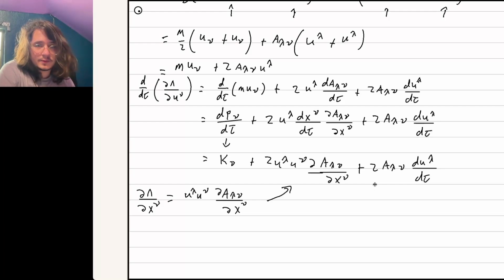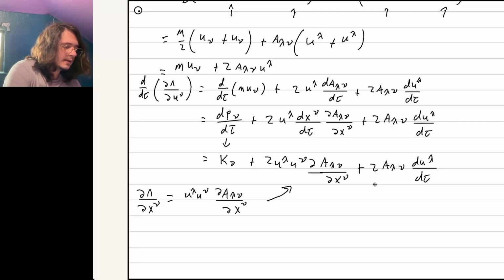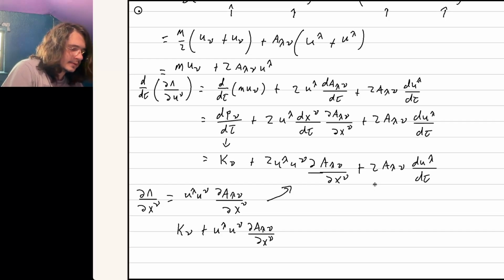So we get a little bit of nice cancellation. So now rewriting all of that, we're doing the Euler-Lagrange equation now. You have k_nu plus u^lambda u^nu del a_lambda nu del x^nu, and then we still have this thing, is 0.